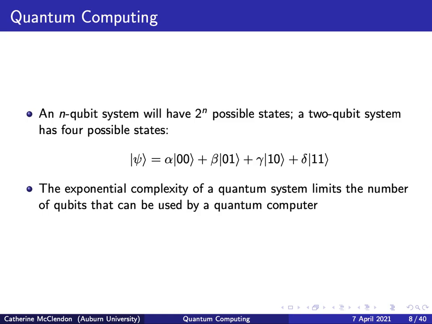An n-qubit system will have 2 to the n possible states. So a 2-qubit system has 2 to the 2 possible states, which is 4, and you can see those states on the screen. So it's evident that as the number of qubits increases, the complexity of a quantum system increases exponentially.